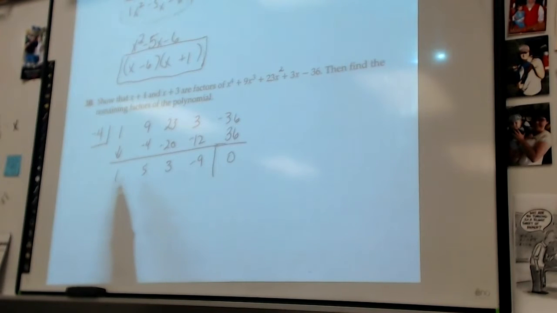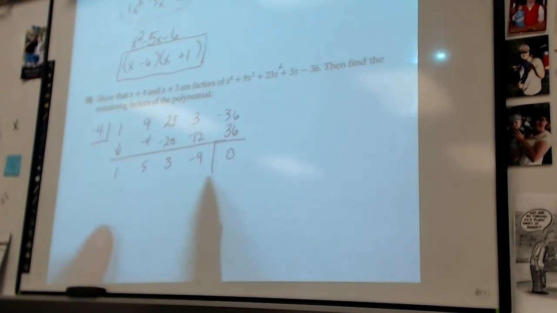Now, these are coefficients of a 3rd degree polynomial. A 3rd degree polynomial may be hard to factor. But if we could do a 2nd degree, a quadratic, it's going to be much easier. So since this came out even and there's no remainder, we can take these coefficients, because this would be x cubed plus 5x squared plus 3x minus 9 with no remainder.